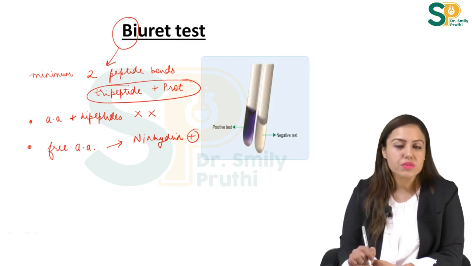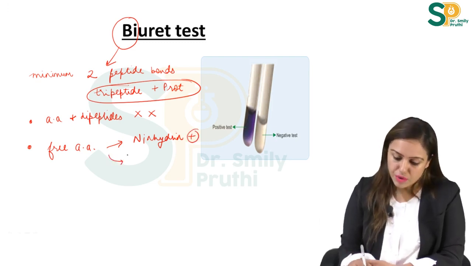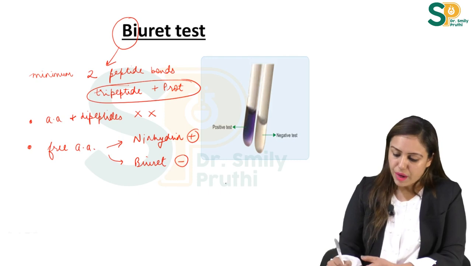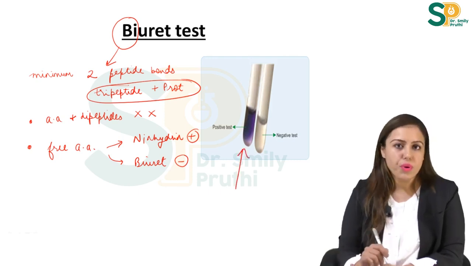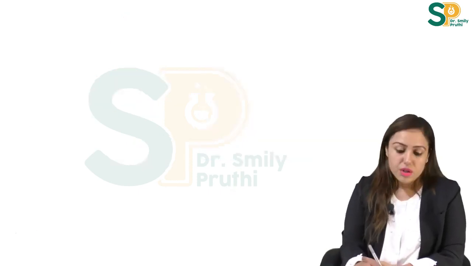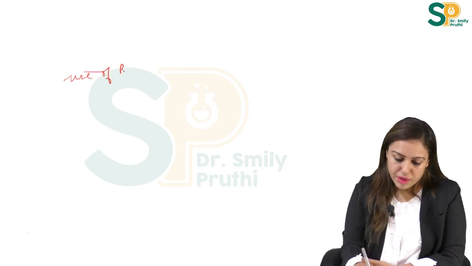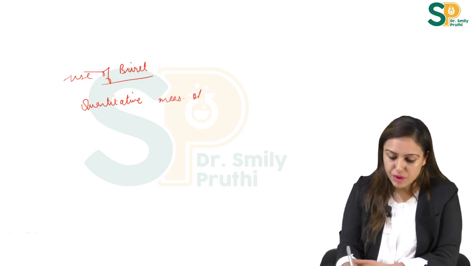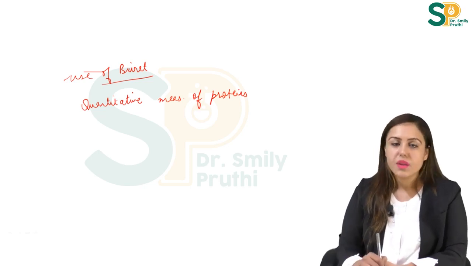A free amino acid will give Ninhydrin positive but biuret negative, right? Now here biuret positive test is also purple color, right? Now the use of this biuret test is for the quantitative measurement of proteins, right?